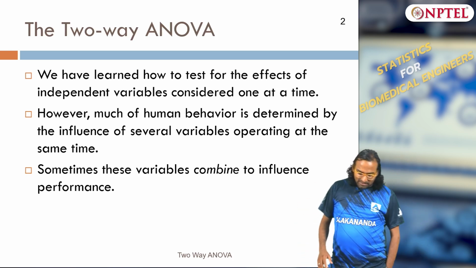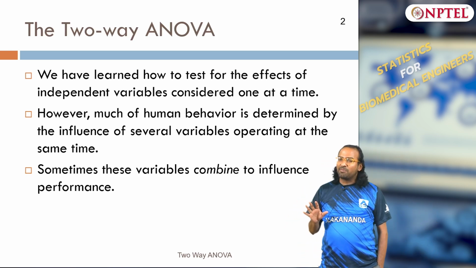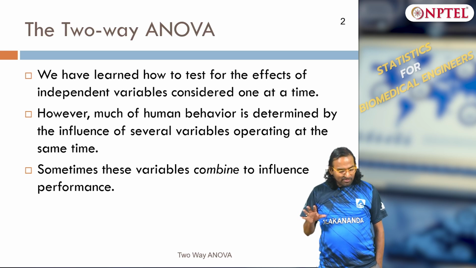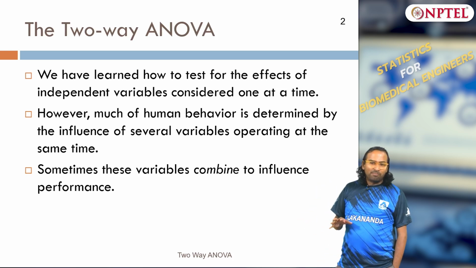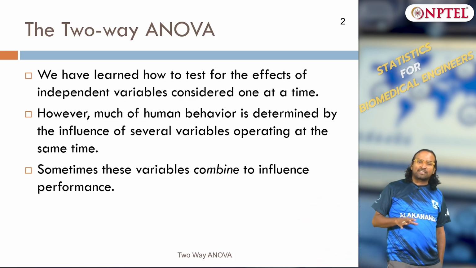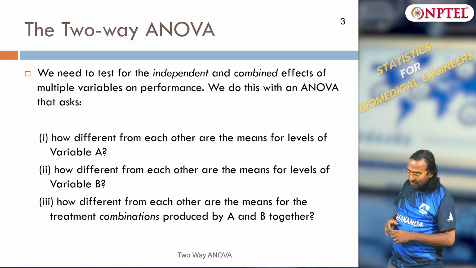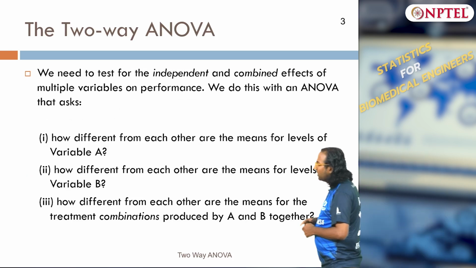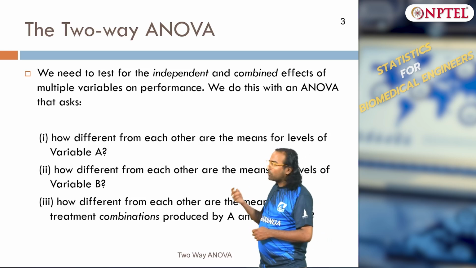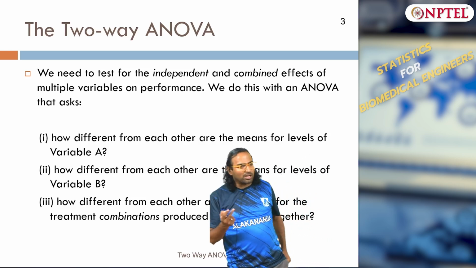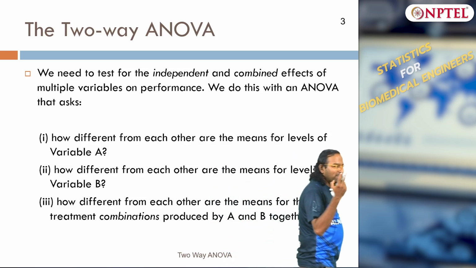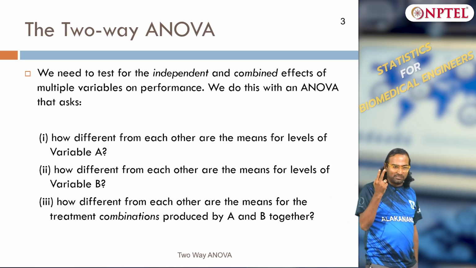However, there are several variables operating and they are all combined to influence the performance. Factors combine to influence their performance. So interaction is something that cannot be neglected, even if you talk about two factors. So we are talking about two-way ANOVA, where we are simply using two factors instead of one.